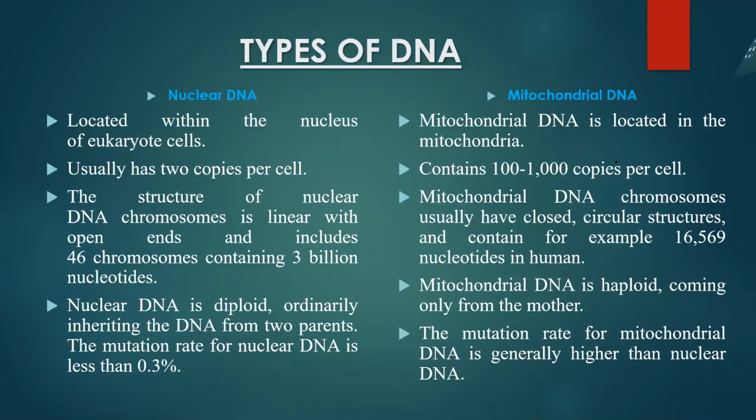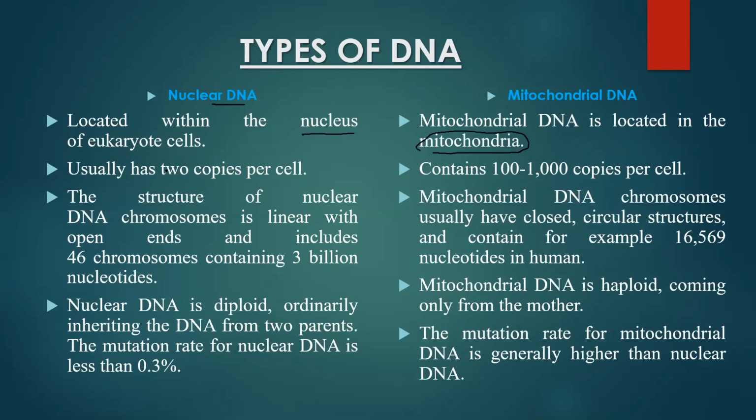As I have mentioned, there are types of DNA present. Let's talk about them: nuclear DNA and mitochondrial DNA. Nuclear DNA is present in the nucleus, while mitochondrial DNA is present in the mitochondria.